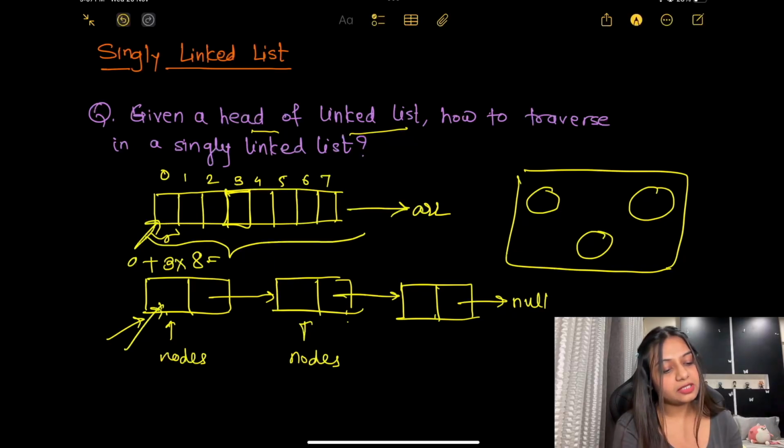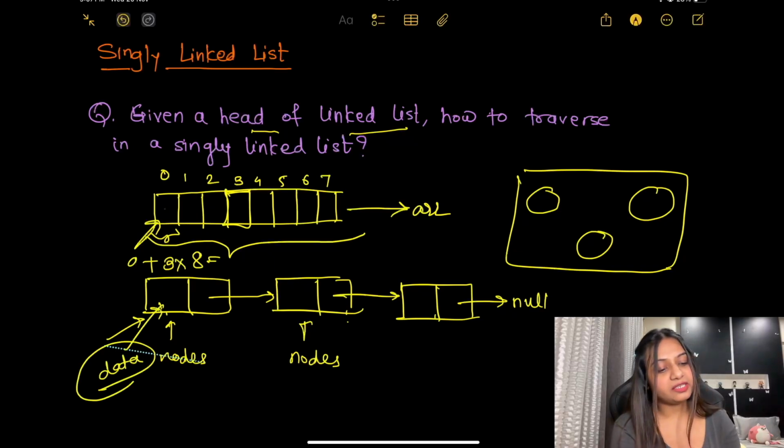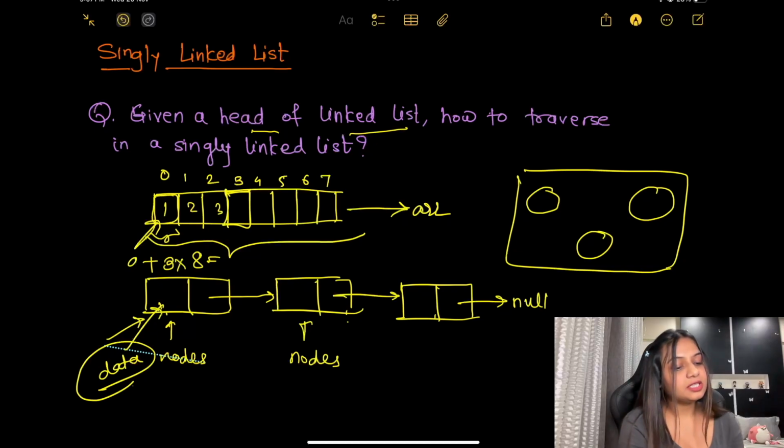The first part consists of your data, whatever data you want to store. Just as there is an array of integers or an array of strings, and we store the data at the index, whether it be integer, string, whatever it is. So this is how your data will be stored. And this part is used to store the address of the next node.